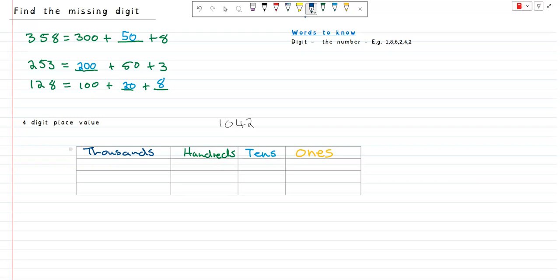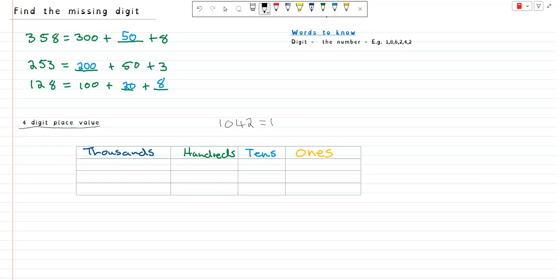Just like we did when we were working with the 3-digit number, we can now do exactly the same thing with the 4-digit place values. So let's put this number into our table. First of all, we need to break it down.